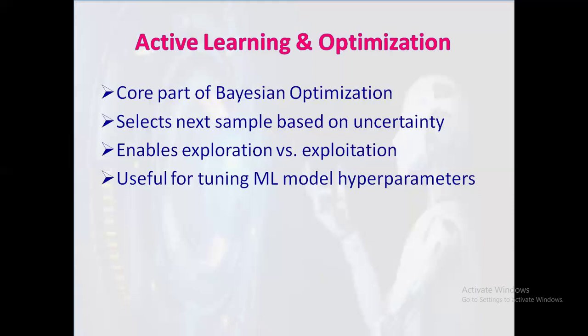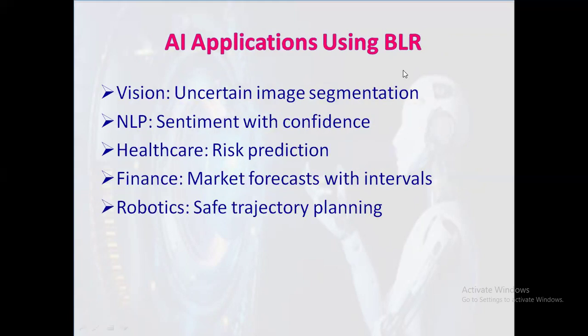In Bayesian optimization, BLR is used to model the objective function and guide the search for optimal hyperparameters by balancing exploration, trying uncertain areas, and exploitation, focusing on promising areas. This is particularly useful in situations where training models is computationally expensive, such as tuning neural networks or performing architecture searches.